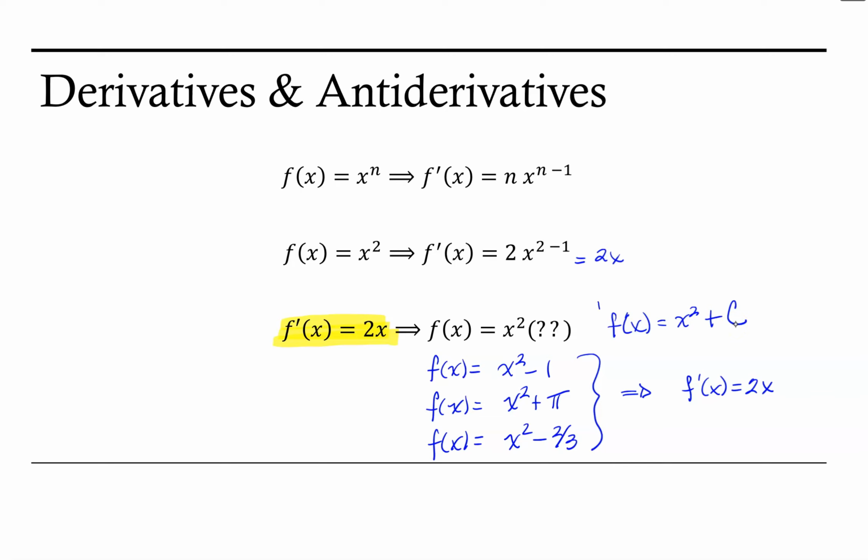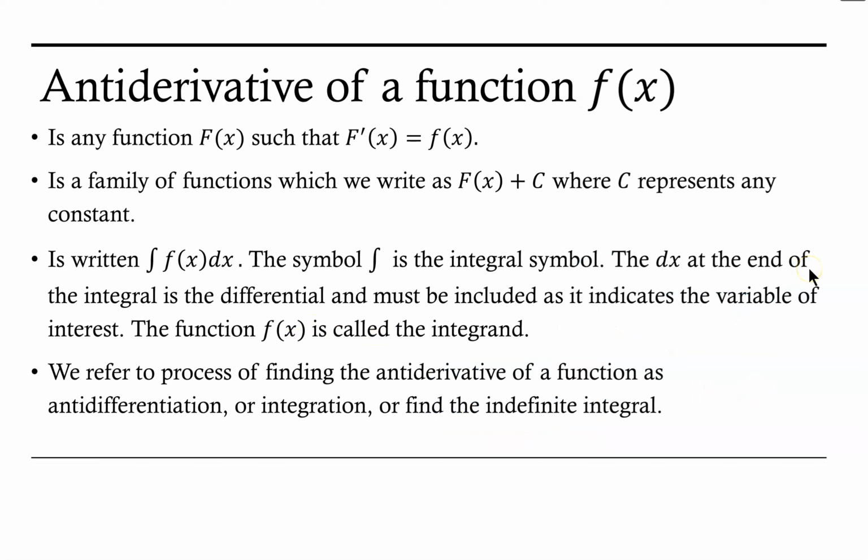So we use f of x equals x squared plus c to capture all possible antiderivatives. So, a little bit about what an antiderivative is. An antiderivative of a function f of x is any function, we'll call it capital F of x, such that when I take the derivative of capital F of x, I end up with the function that I was asked to find the antiderivative of.